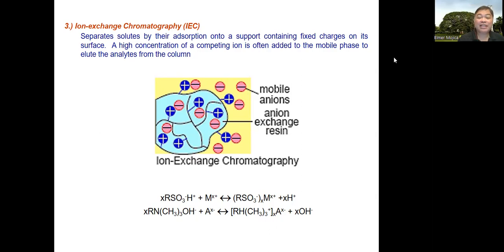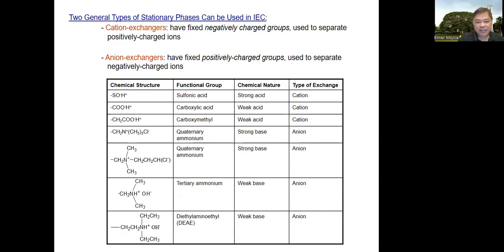You have here usually a resin. So if you have an anion exchange resin, it will bind with a cation. Okay. So there are two general types of this solid support or stationary phase. One is a cation exchanger. It has a fixed negative charge used to separate positively charged ions. And then you have an anion exchanger that has a fixed positively charged group and separates negatively charged ions.